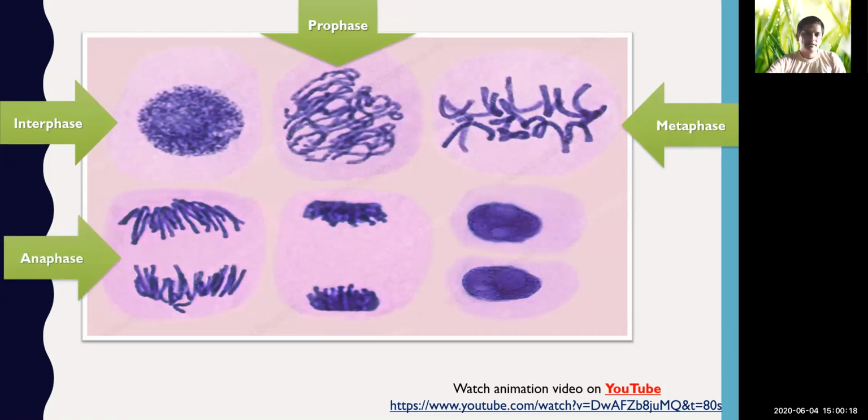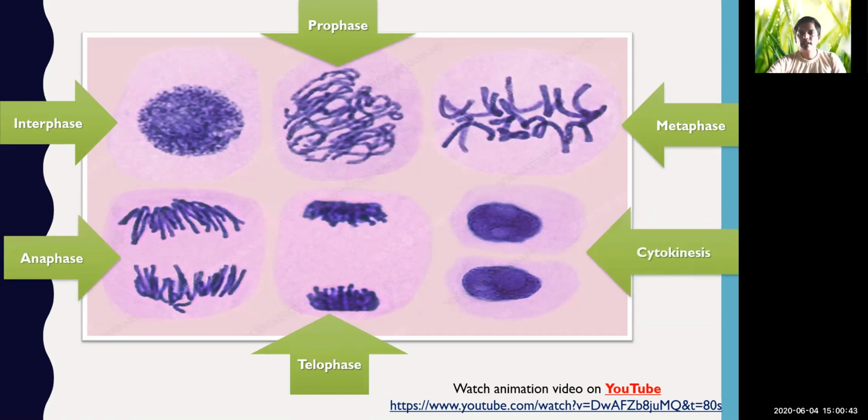In the next stage, called anaphase, the chromosomes are pulled towards the opposite poles, and in the last stage, telophase, occurs, where before the cell division, this diagram is showing the formation of two different nuclei at two different places, but without cytoplasmic division. So in the last stage, we will see cytokinesis.